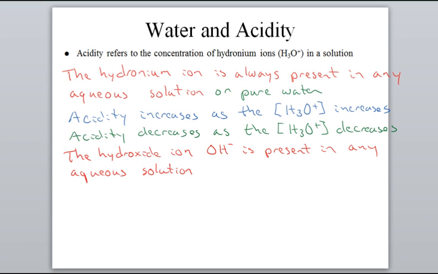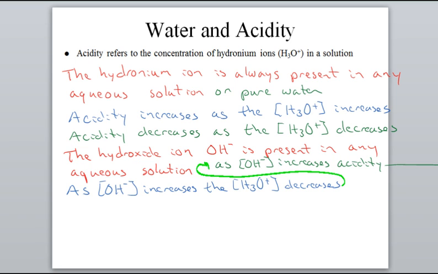Acidity is also reflected based upon the hydroxide ion concentration. So, with that concept in mind, you should be able to fill in this blank. As hydroxide ion concentration increases, acidity changes. It either increases or decreases. Pause the video, fill in the blank, and unpause the video when you're ready to check your answer.